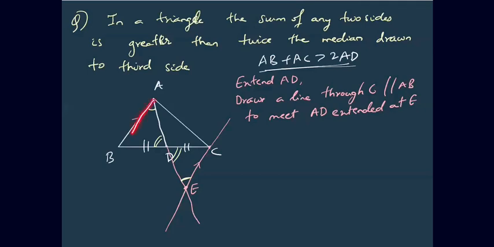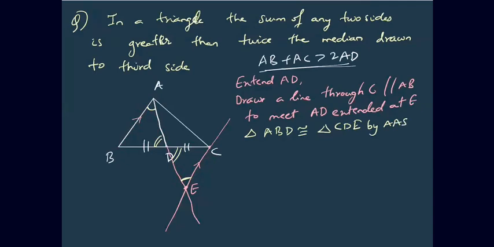So what can you say about these two triangles, triangle ABD and triangle DCE? These two triangles are congruent by AAS property. So triangle ABD is congruent to triangle CDE by AAS property.